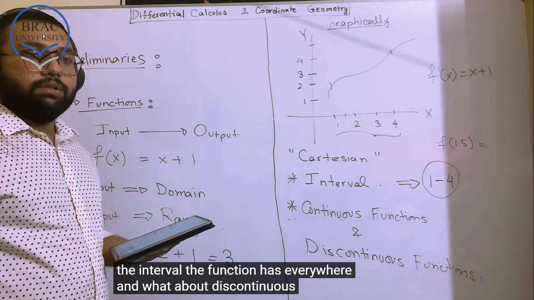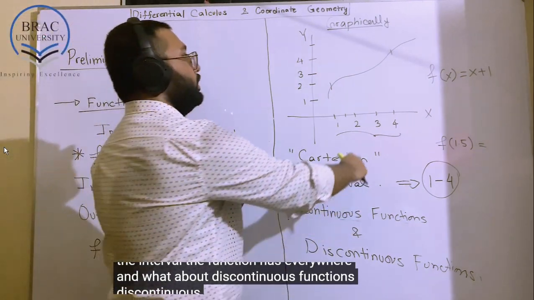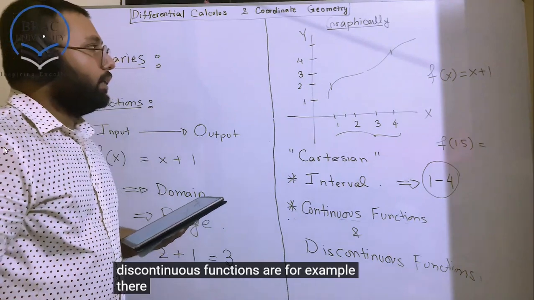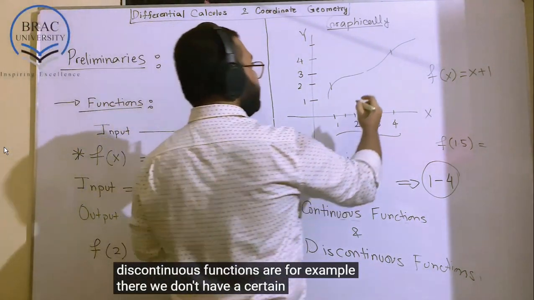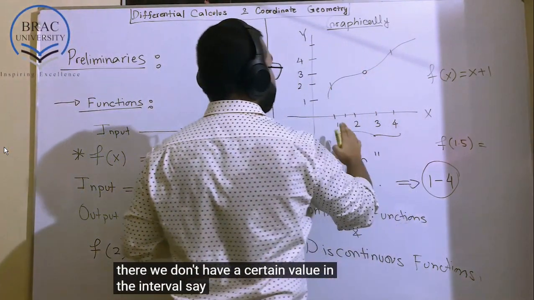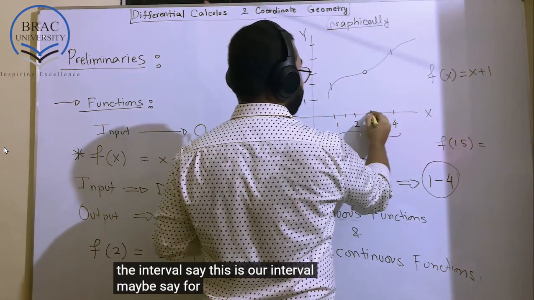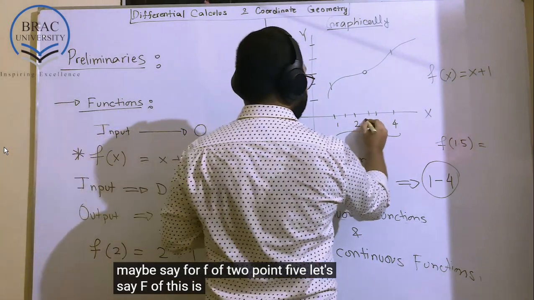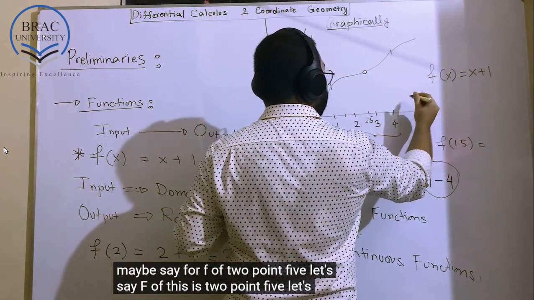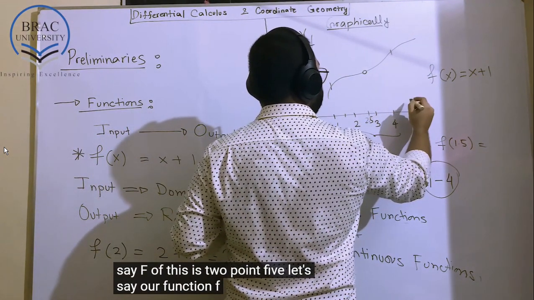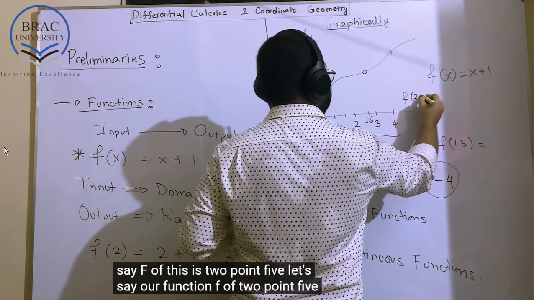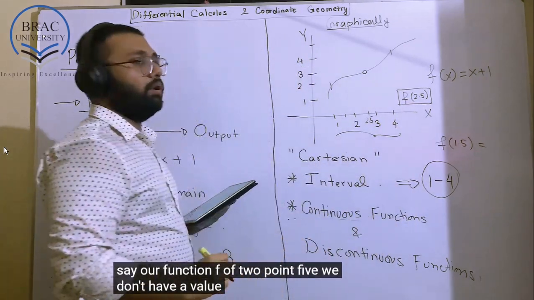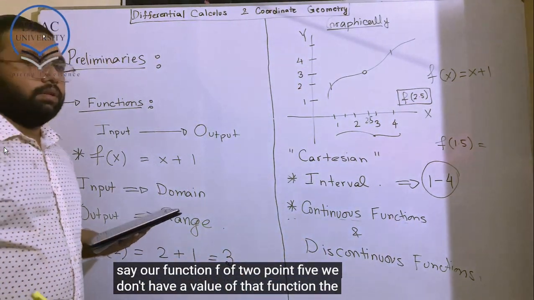And what about discontinuous functions? Discontinuous functions are, for example, where we don't have a certain value in the interval. Say this is our interval. Maybe for f of 2.5, we don't have a value of that function.